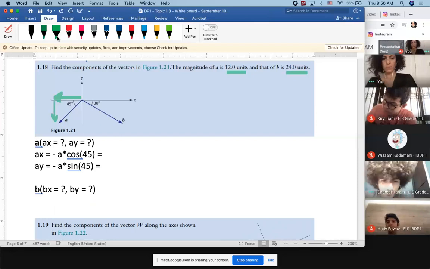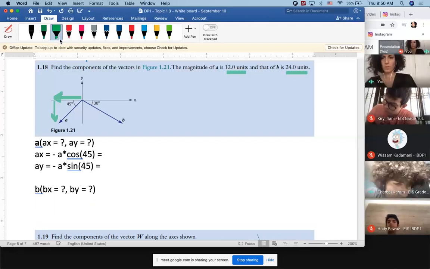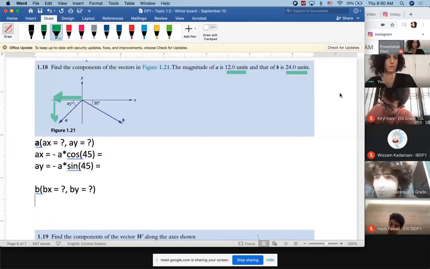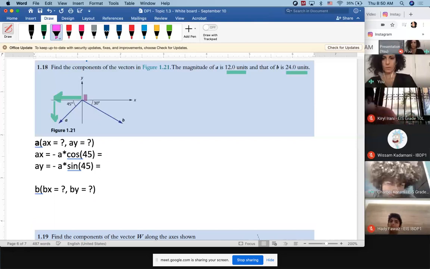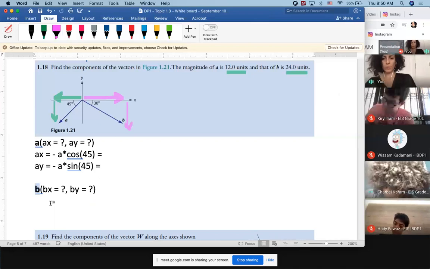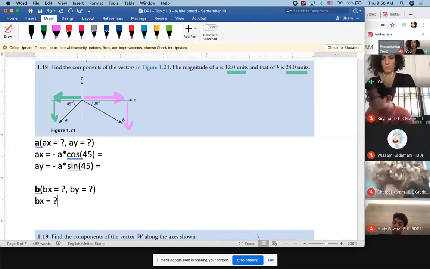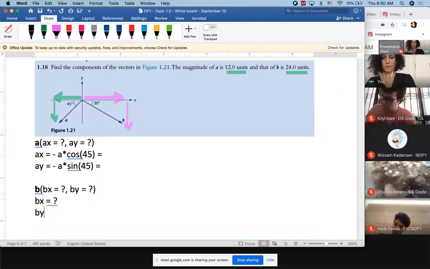So I'm going to show Hadi that this is Bx and this is By. I'm doing the drawing for you. And at some point, I would be worried that you don't know how to do it. So this will come later, maybe in a homework or something.